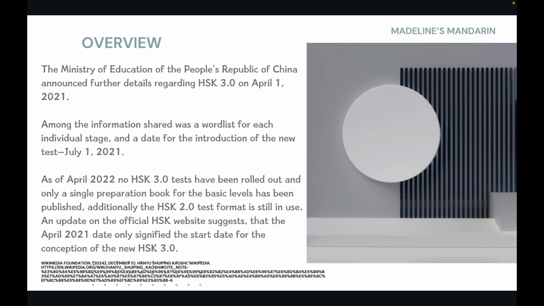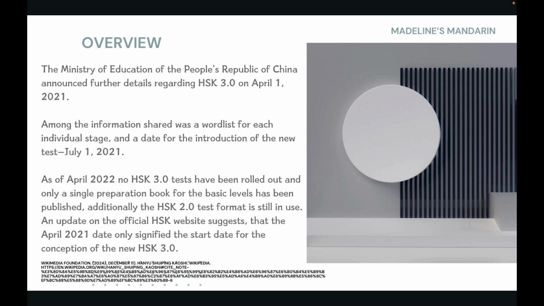Overview. The Ministry of Education of the People's Republic of China announced further details regarding HSK 3.0 on April 1st, 2021. Among the information shared was a word list for each individual stage, and a date for the introduction of the new test, July 1st, 2021.